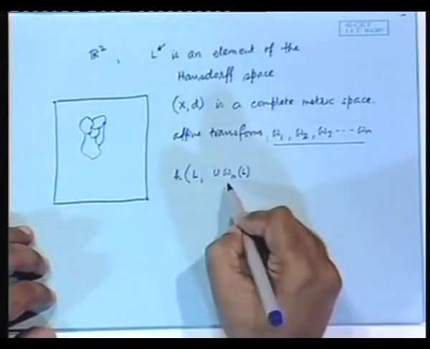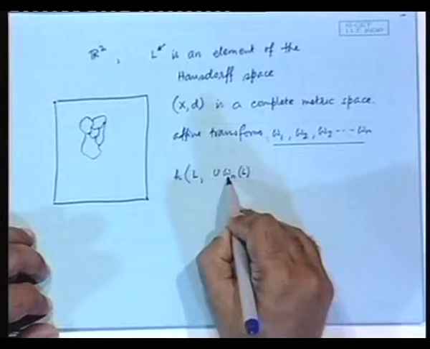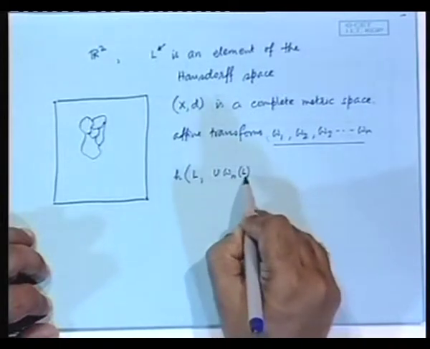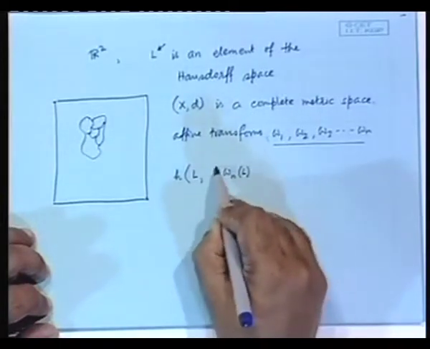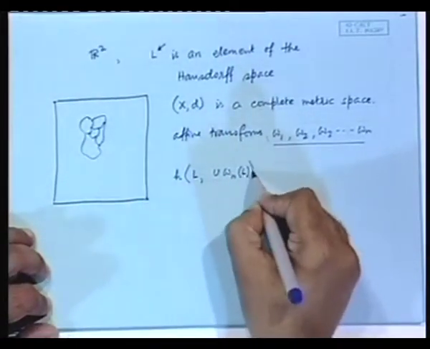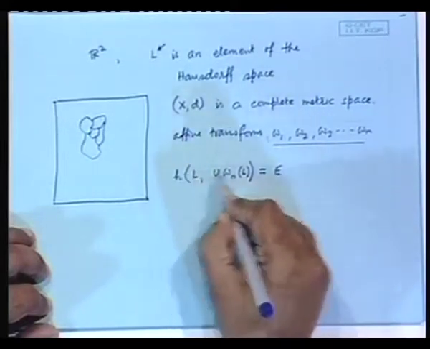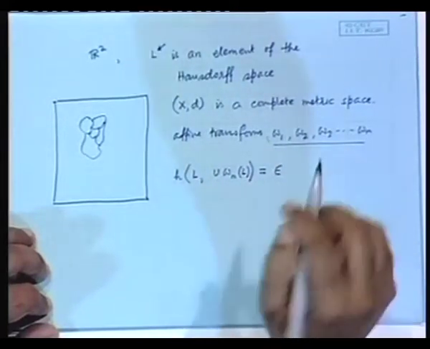the original set L transformed by W1, L transformed by W2, L transformed by W3, all that taken union of, which means the first iterate, suppose this distance is very small.